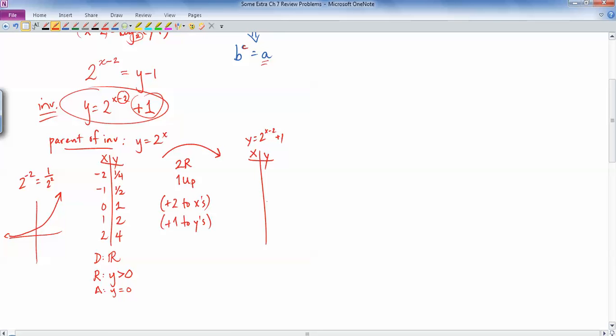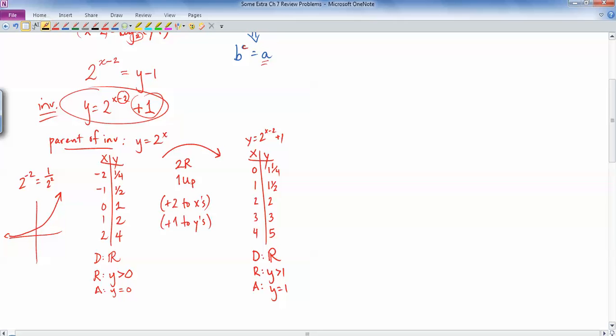So I'm going to add 2 to all the x's, so instead of -2, it's 0, then 1, then 2, then 3, then 4. And add 1 to all the y's, so it's 1 and 1/4, 1 1/2, 2, 3, and 5. And then the domain, if I add 2 to all numbers, I still get all numbers. If I add 1 to the y's, then the new range is y is greater than 1, and the new asymptote will be y equals 1.